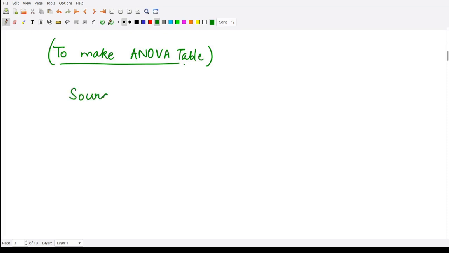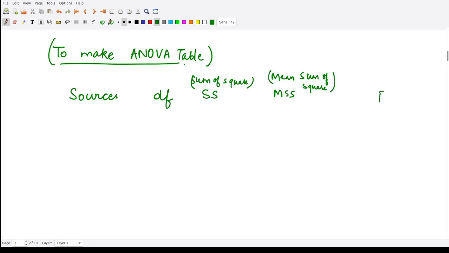First of all, we will write sources, then degrees of freedom, and then SS, the sum of square. Then we write MSS, which is the mean sum of square. And then we will write the F ratio. So in this ANOVA table, we'll use the F test.